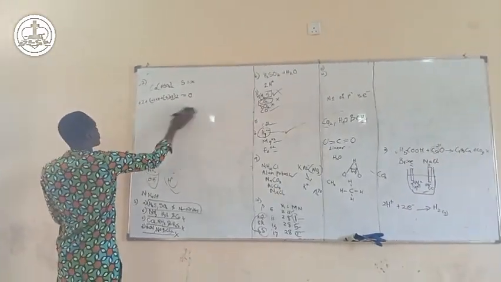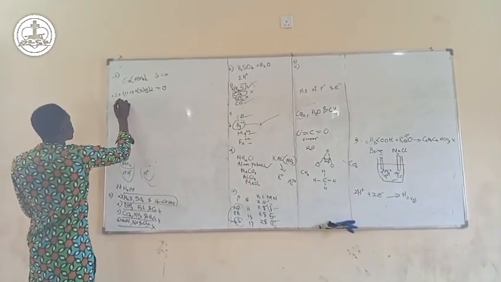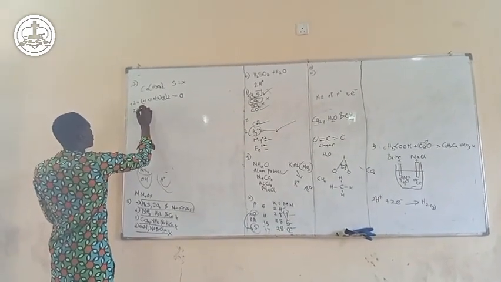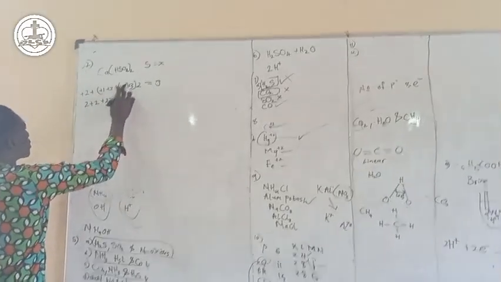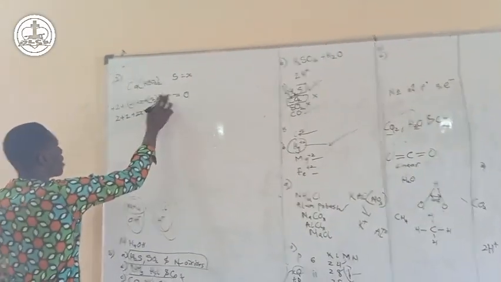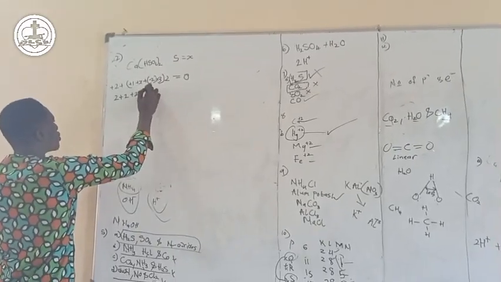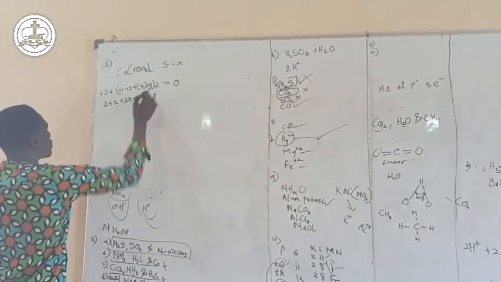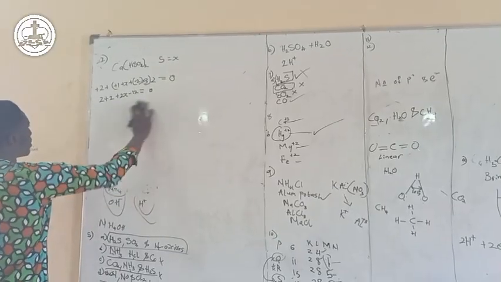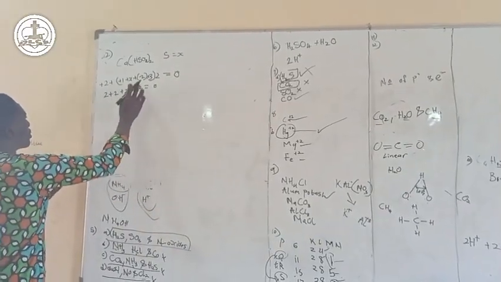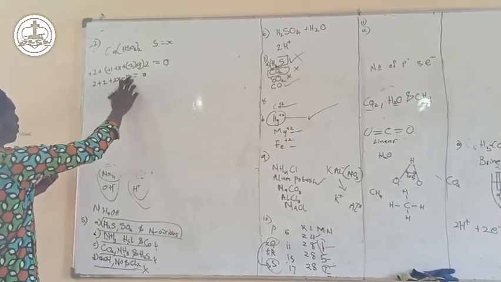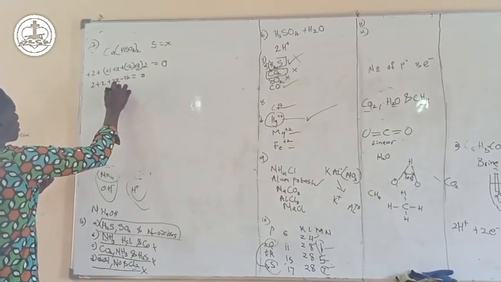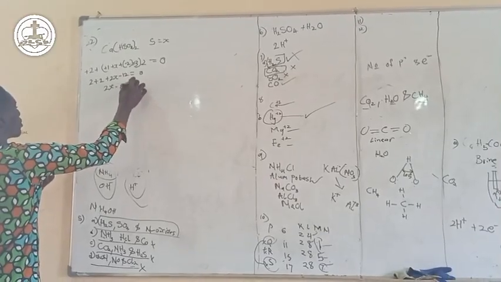When we solve this, we have 2 plus, opening the bracket, 2 plus 2x. This will give minus 6, minus 6 times 2, that is minus 12. Minus 12 equals 0. Simplifying, we have 2 plus 2 plus 2x minus 12, that will give 2x minus 8 equals 0.